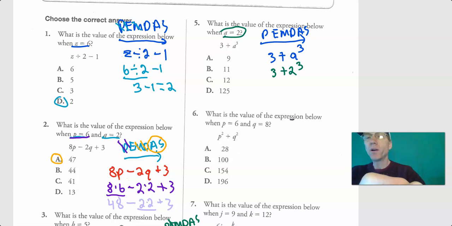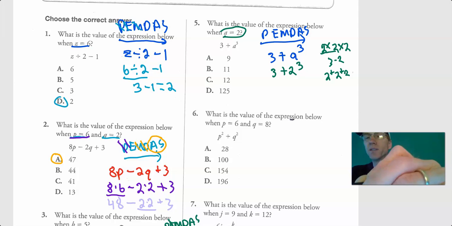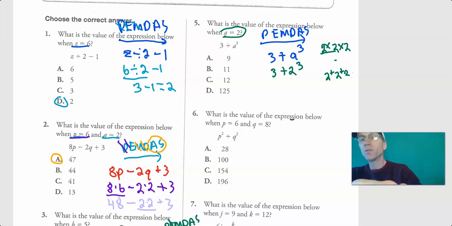Remember, 2 to the power of 3 means 3 2s, 2, 2, 2, connected with multiplication. Way different than 3 times 2, which would be 3 copies of 2 connected with addition. That would be 2 plus 2 is 4, plus 2 is 6. This is 2 times 2 is 4, times 2 is 8. Make sure you're comfortable with that.